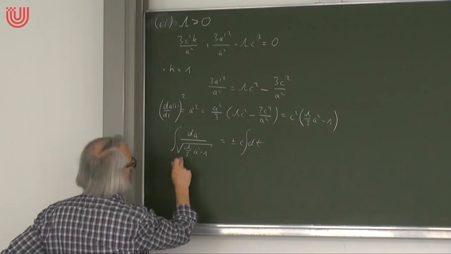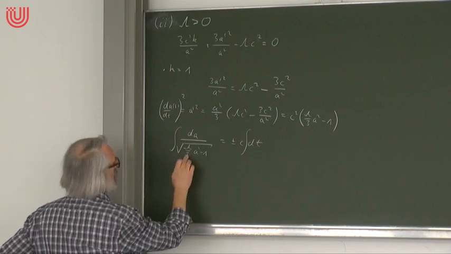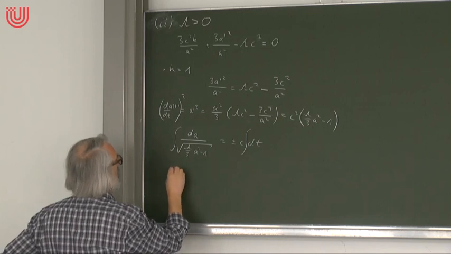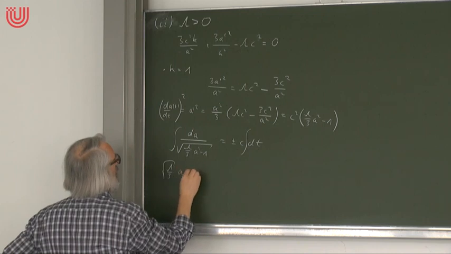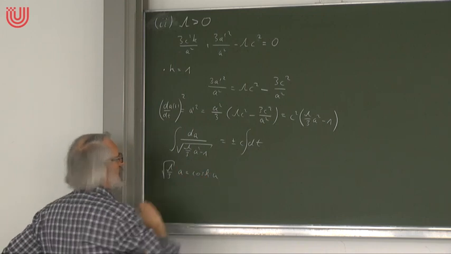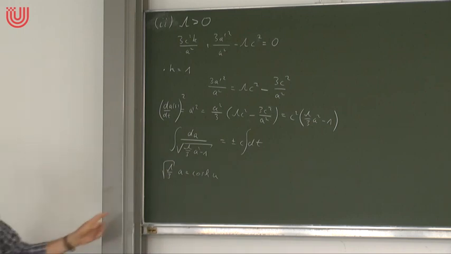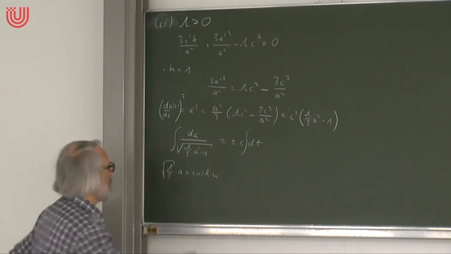So what do we substitute if we want to get rid of such an expression? A good idea is to write the square root of lambda third times a as the hyperbolic cosine, because cosh squared minus 1 is sinh squared. So this is a good substitution.